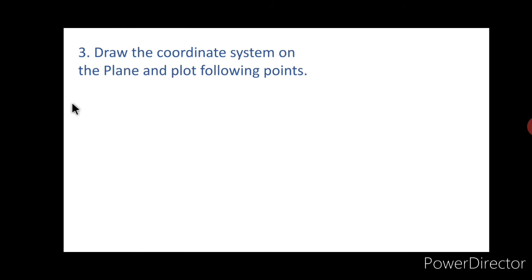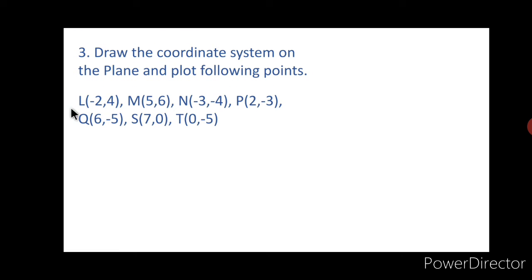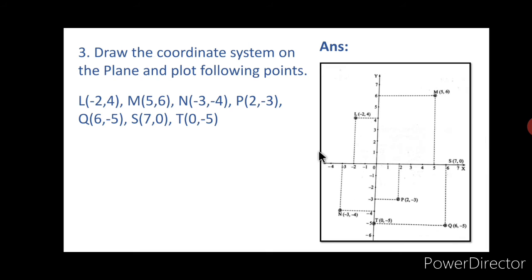Draw the coordinate system on the plane and plot the following points. The points are L, M, N, P, Q, S and T. Here all these points are plotted in this figure.